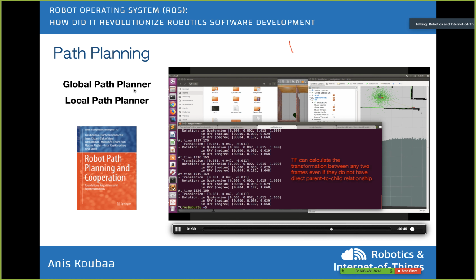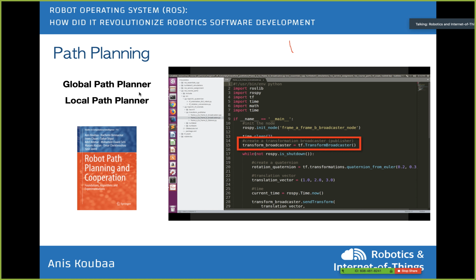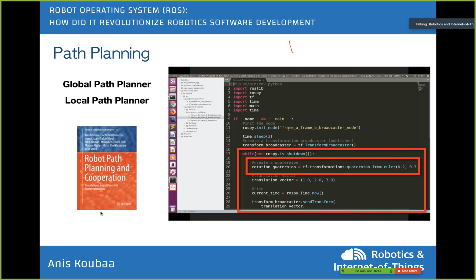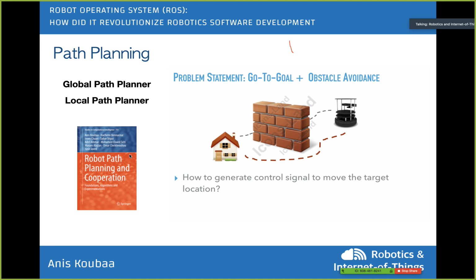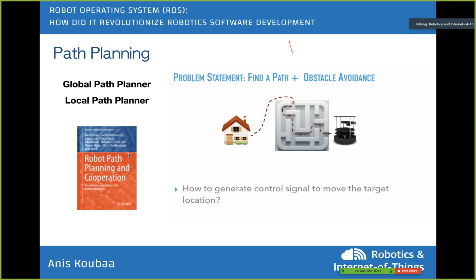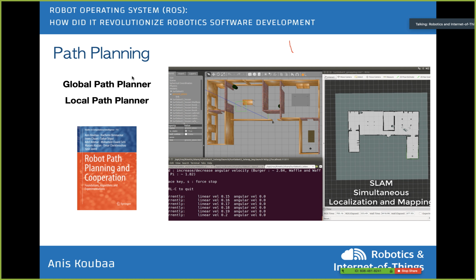And you have the local path planner that is responsible for executing the path that is found by the global path planner. Okay, we have released a book called Robot Path Planning and Cooperation, in which we have developed different path planning techniques, and we have also demonstrated how we can implement new path planners as a global path planner into ROS.